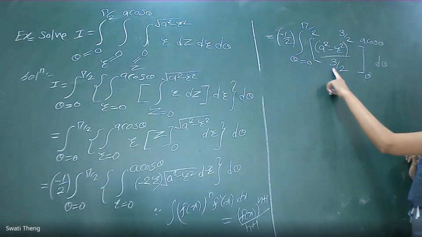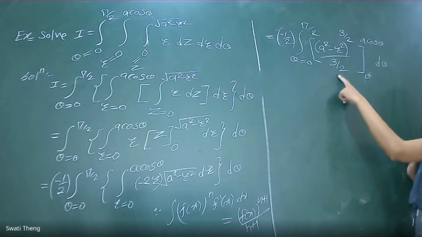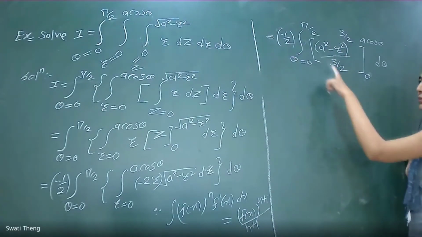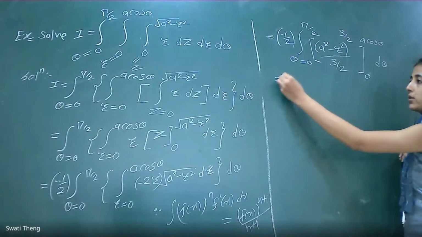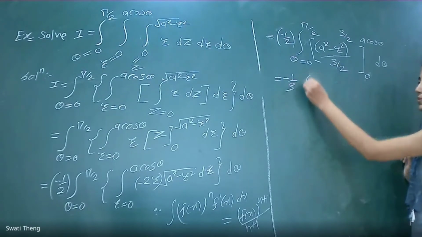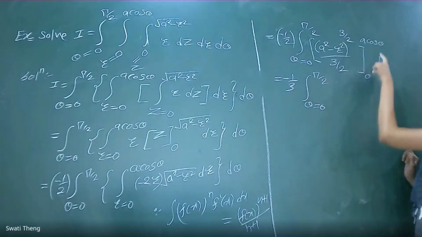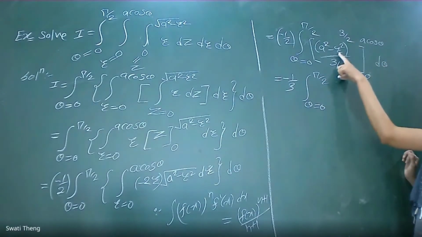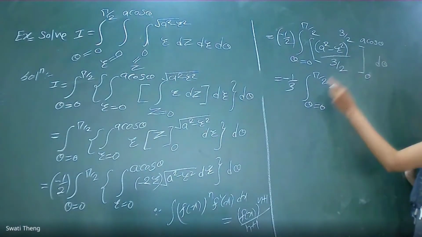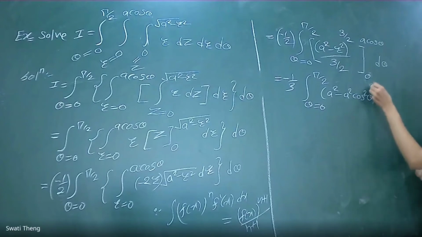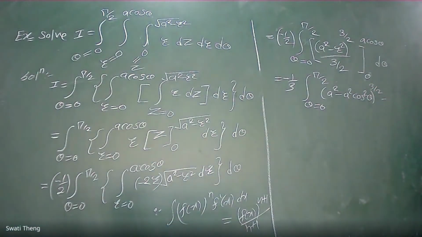So here constant 3 by 2 we can take outside, and the 2 in the denominator shifts to multiplication and cancels with this 2, that means remaining is -1 upon 3. Theta varies from 0 to pi by 2. If you put upper limit, then it is a cos theta, it is r square, so upper limit square, so it is a square minus a square cos square theta raised to power 3 by 2, minus lower limit.